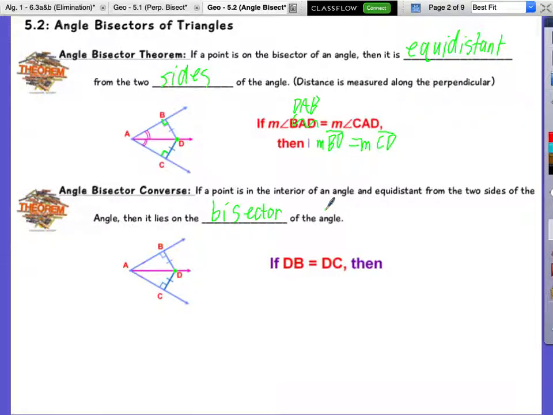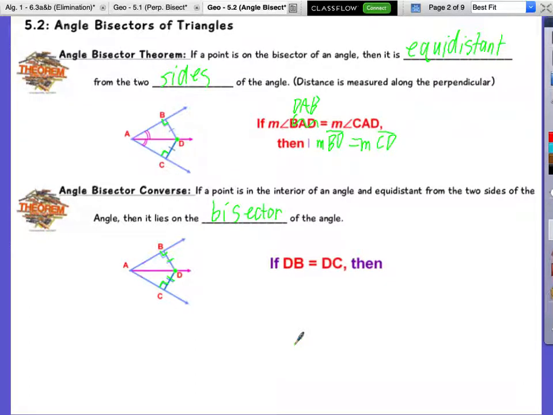So now we have the converse. If the point is on the interior of the angle and it's equidistant from the two sides, where it's perpendicular to those sides because that's the shortest distance, then it must lie on the bisector of the angle.